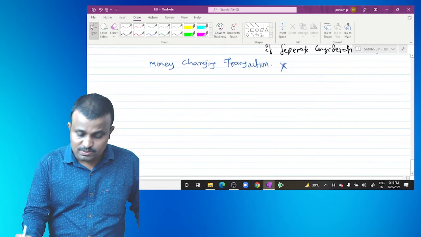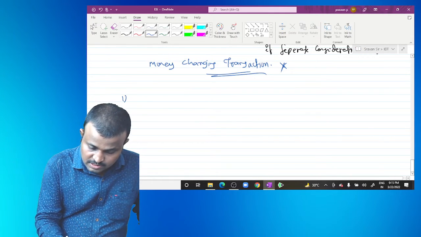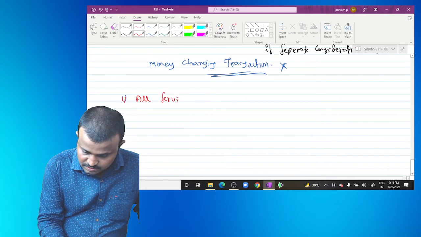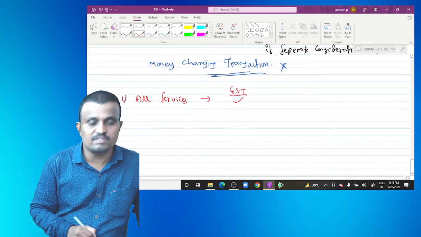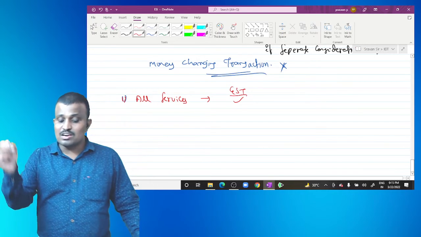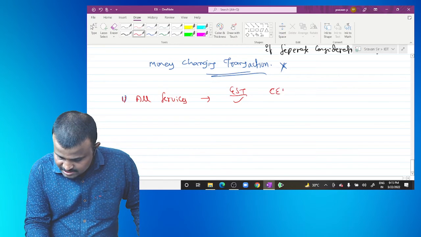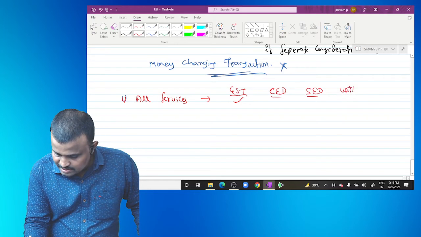So if you summarize this, first, all services are covered under the purview of GST, and those not covered under previous indirect taxes like central excise duty, state excise duty, VAT, CST, or service tax.